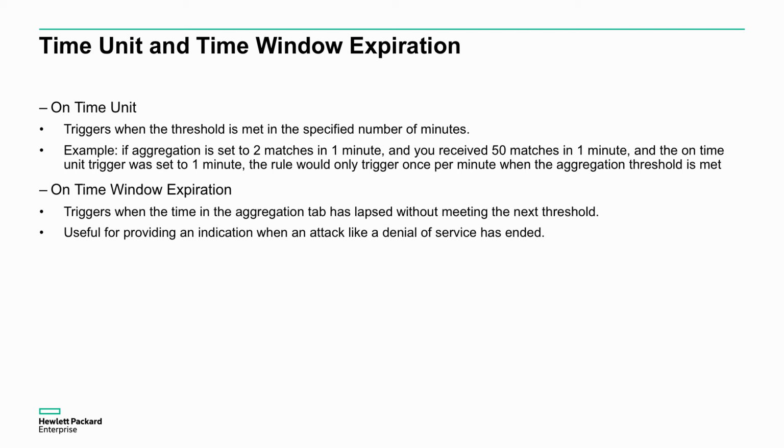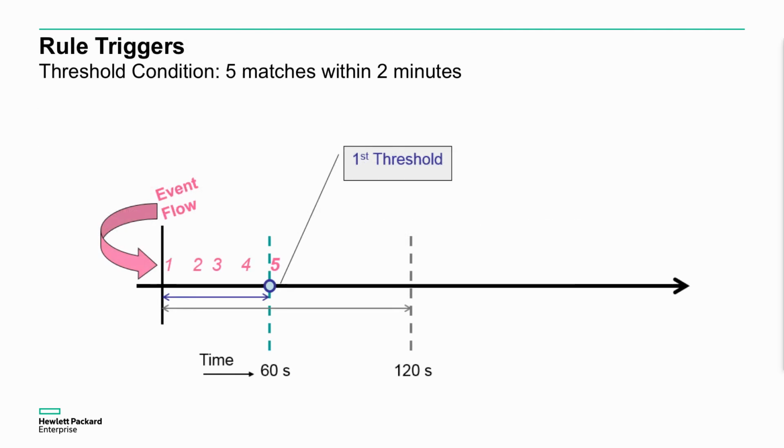They're very specific circumstances, do not get me wrong. They're very specific to certain scenarios within an attack lifecycle, and they're very useful to eliminate certain scenarios. So I really encourage reading the manual around those, but that's just a little bit about time unit and time window expiration.